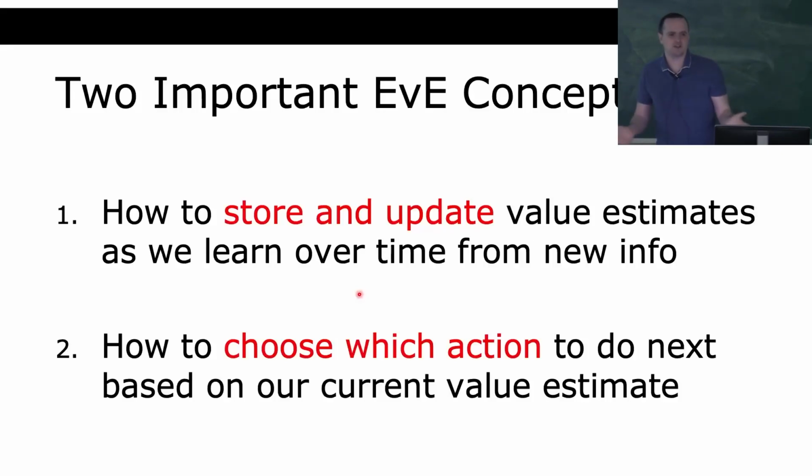How do I keep track of that information, right? How do I go from what I thought it was before, then given a new reward, how do I update that, right? That's the first thing. And then the second thing is, once I have some guesses of the values, how do I choose which action to do next, right? So one is storing and updating these estimates, and the second one is using those estimates to select an action to do.